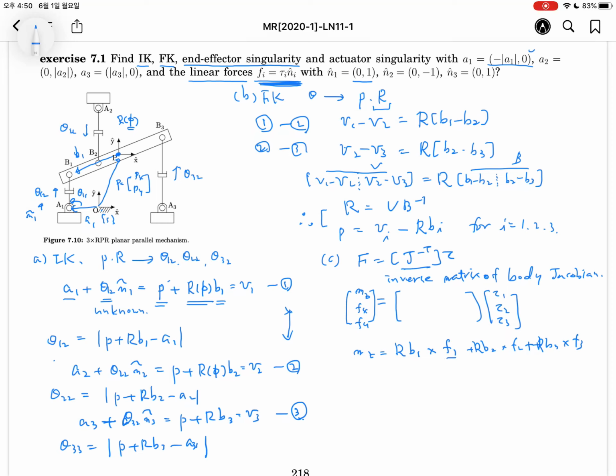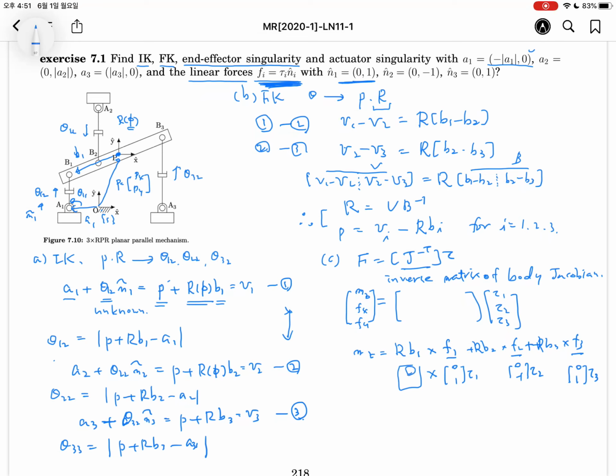So the rotation matrix should be multiplied. The F vector will be according to the definition of the N1. This will be 0, 1 and tau 1. This will be 0, minus 1, tau 2. And F3 will be 0, 1 and tau 3, according to the definition of the linear force. Here the cross product will be applied to the vector.